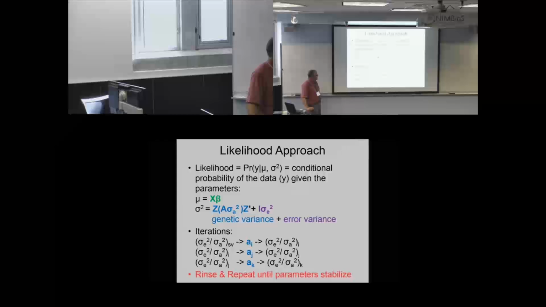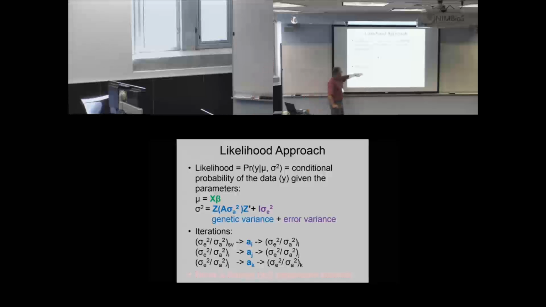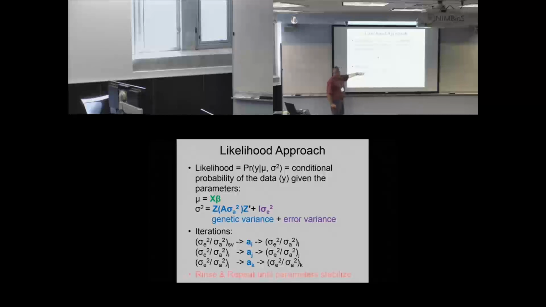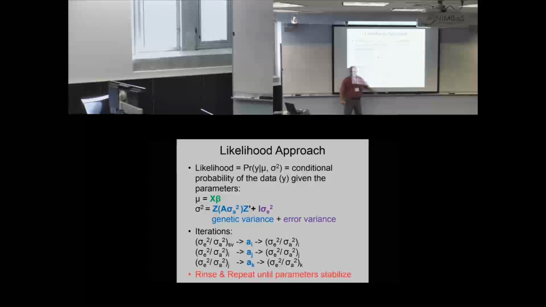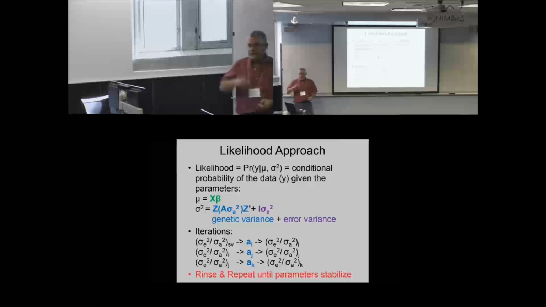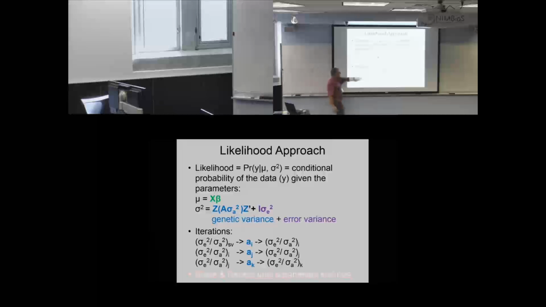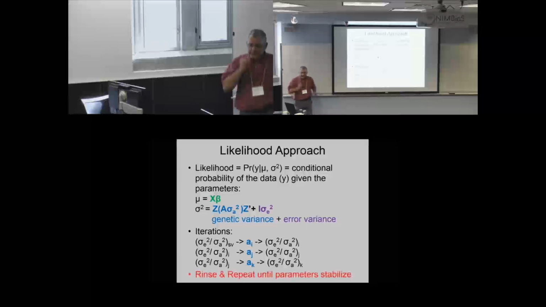Well, no. What you're doing is, with each iteration, you're getting new ones. Like with the program, you start it running, and you can watch it do its iteration. With each iteration, you get a new sigma squared E and a new sigma squared A, and then it does it again and again, and it's running up the likelihood slope. Yeah, it's right there. I just didn't see it.